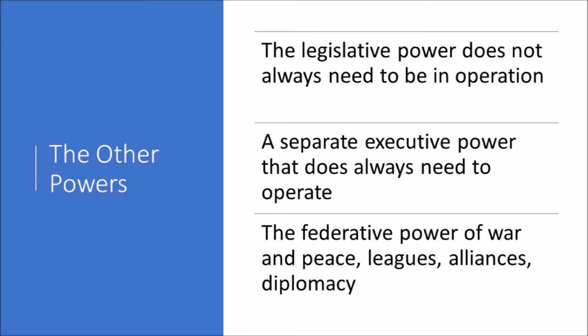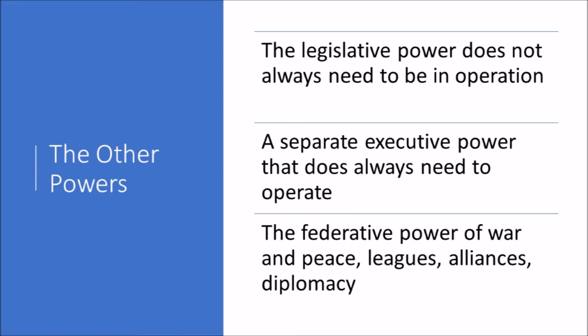But in Locke's system, the legislative power is still supreme, and the executive is just that. It's there to execute the laws that the legislature passes, not to make its own laws. Unlike lawmaking, which does not need to be perpetual, we do need perpetual execution, he says.